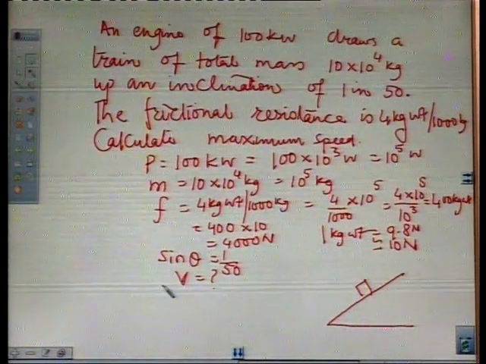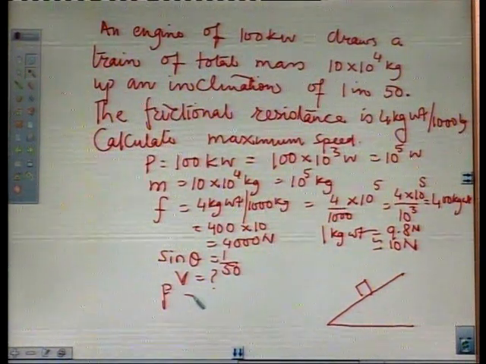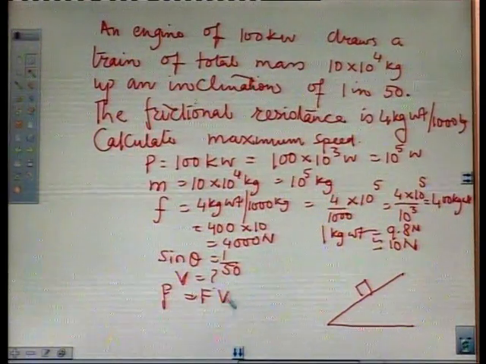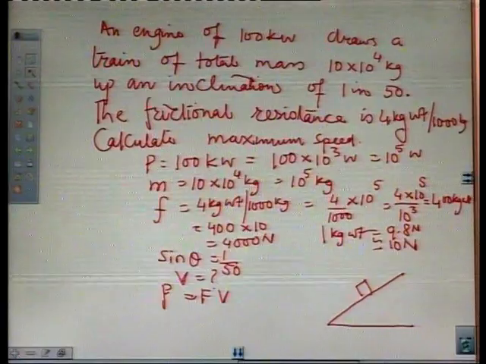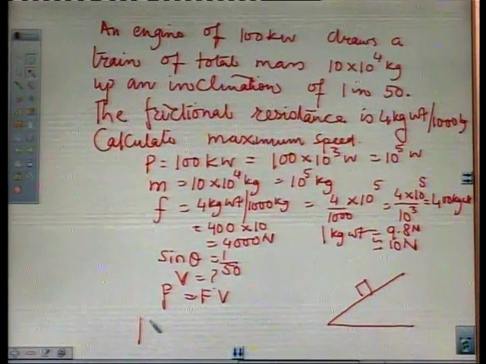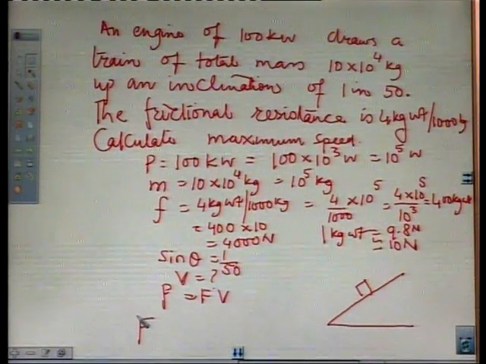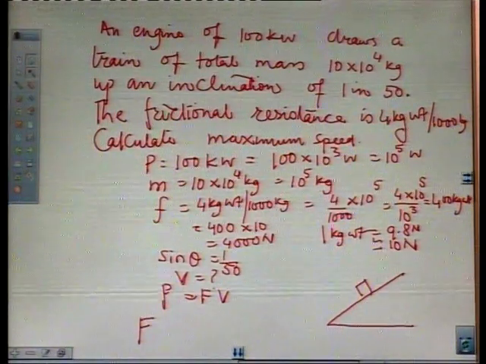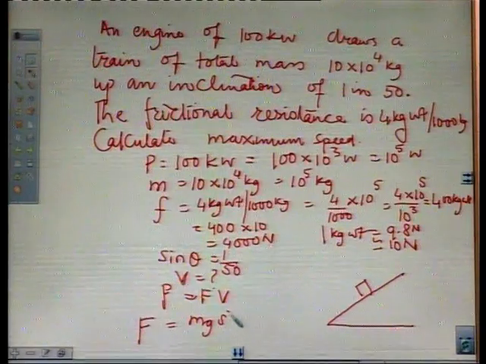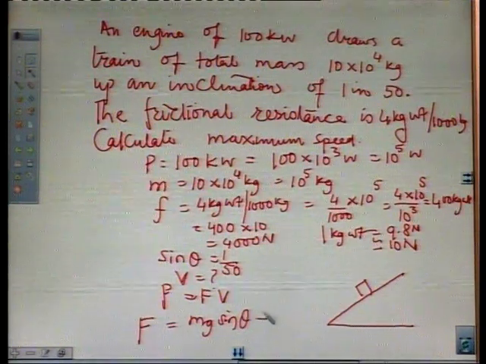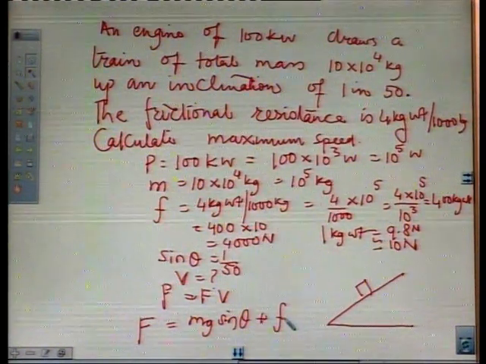We will use the formula power equal to force into velocity. So, we need to know how much force is acting on the body. This is mg sin theta plus the frictional force.